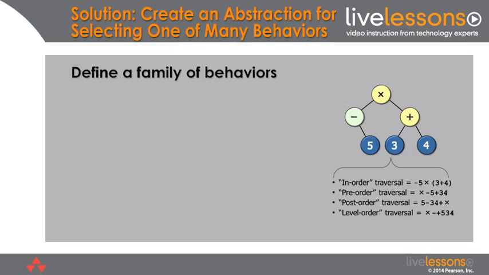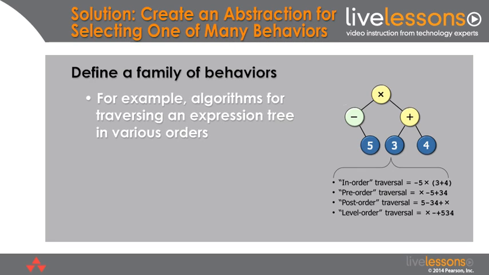So what's the solution? We'll create an abstraction for selecting one of many behaviors. Here's how we can do this. First, let's define a family of behaviors. For example, the algorithms for traversing an expression tree in various orders can be thought of as a family. They have many things in common. They just vary in terms of the order, but the idea of looking at each element one at a time in some order is similar for all the different traversal algorithms.